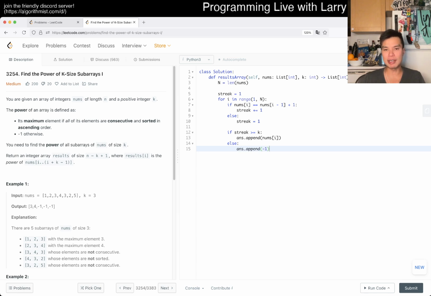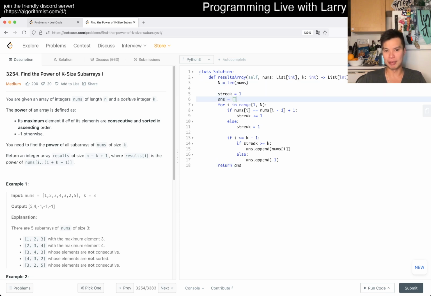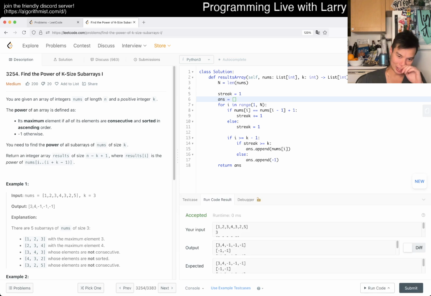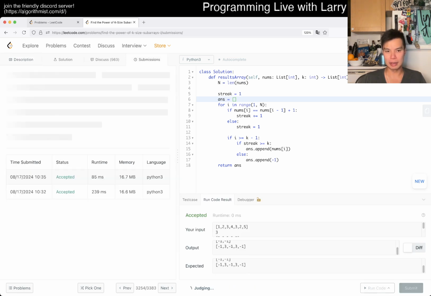The only thing that's a little bit different is that we have to make sure that i is at least k minus 1, because then this will have at least k elements. So that's really the answer, I think, give or take. Off by one is where you usually make mistakes when you go so fast. But yeah, looks okay. So let's give it a quick submit.